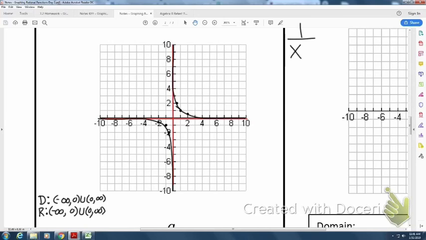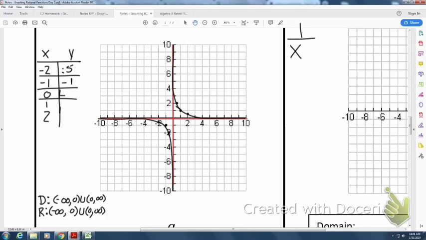Your table, so let's do -2, -1, 0, 1, 2. You'll probably have an extra column down there. That's fine. So I've got -2, -0.5, -1, -1. What's it going to say on 0? Error.